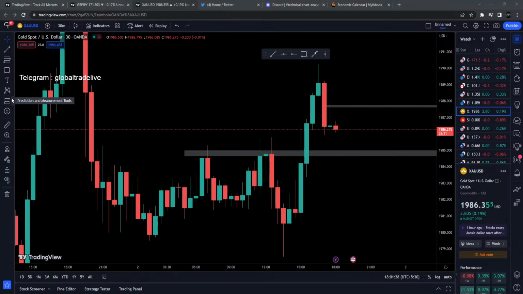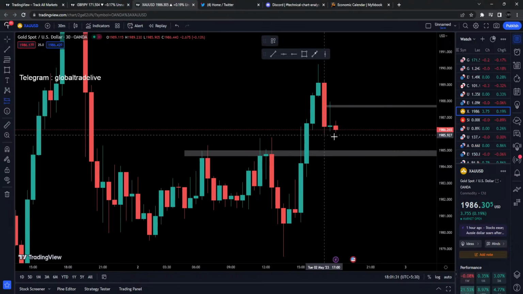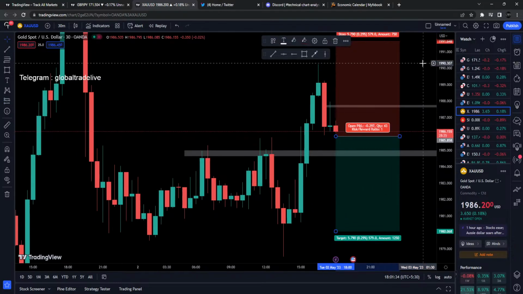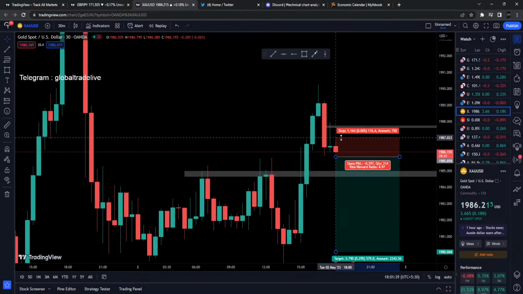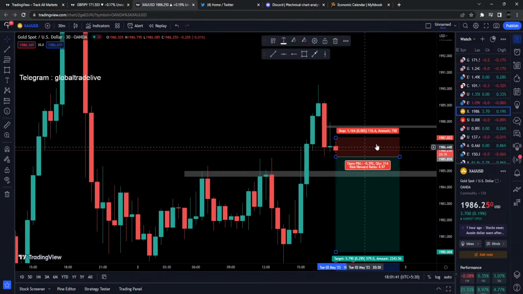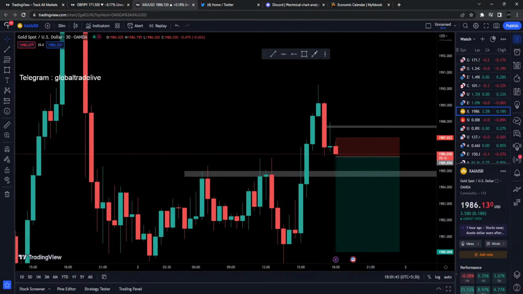So in case if it just breaks the low of this candle over here, will keep my stop somewhere around over here at 11-12 pips. Now let's see if this idea works.